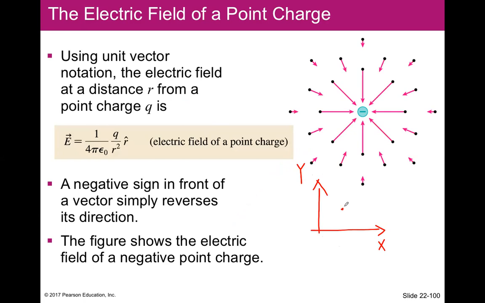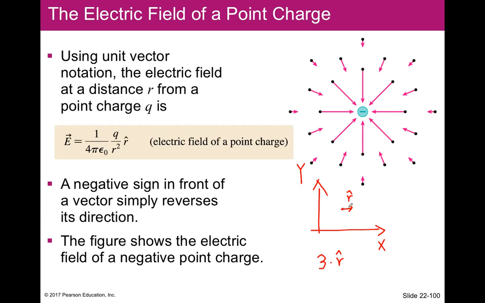If we define a unit vector R in the X direction, then if you have a vector which is 3 times R, you immediately know the magnitude of this vector is 3.